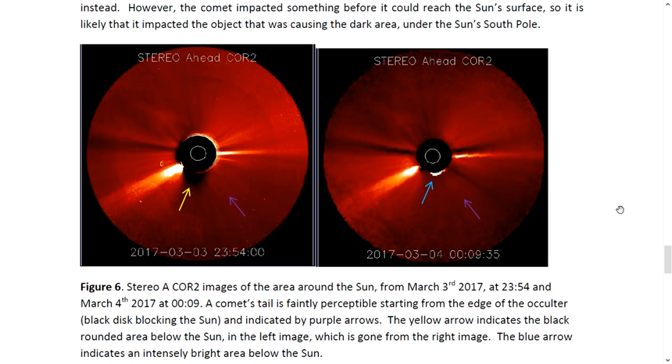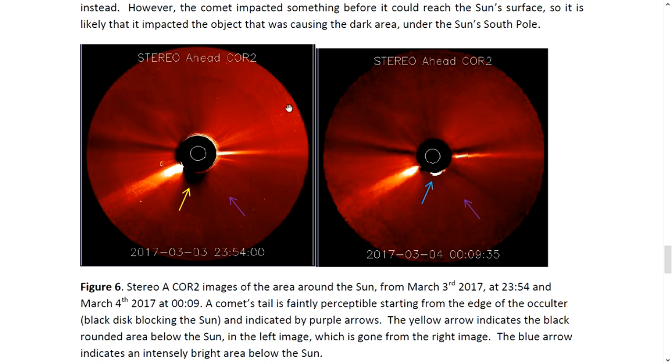That comet came out of nowhere, and it impacted something below the sun where this shadow was located. Within seconds of the impact, this illuminated object appeared right below the occulter. The black occulter is blocking our vision on what was impacted.